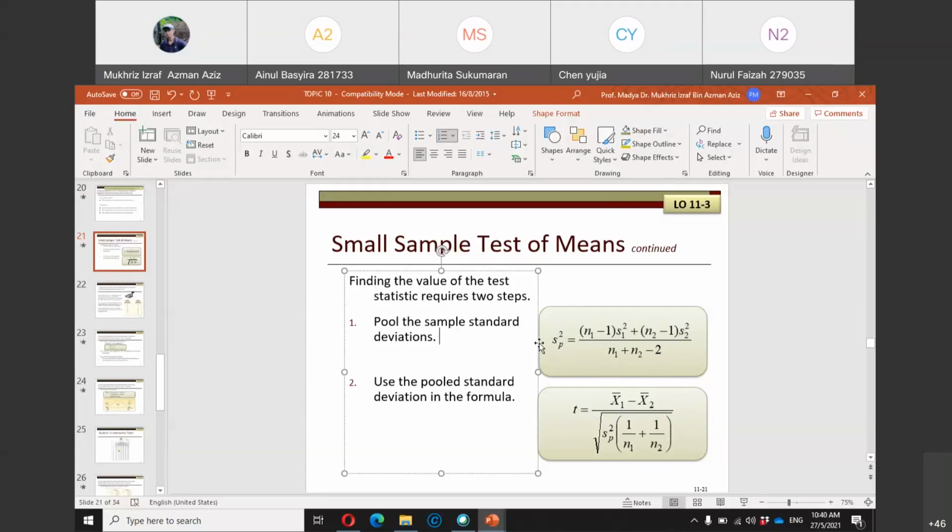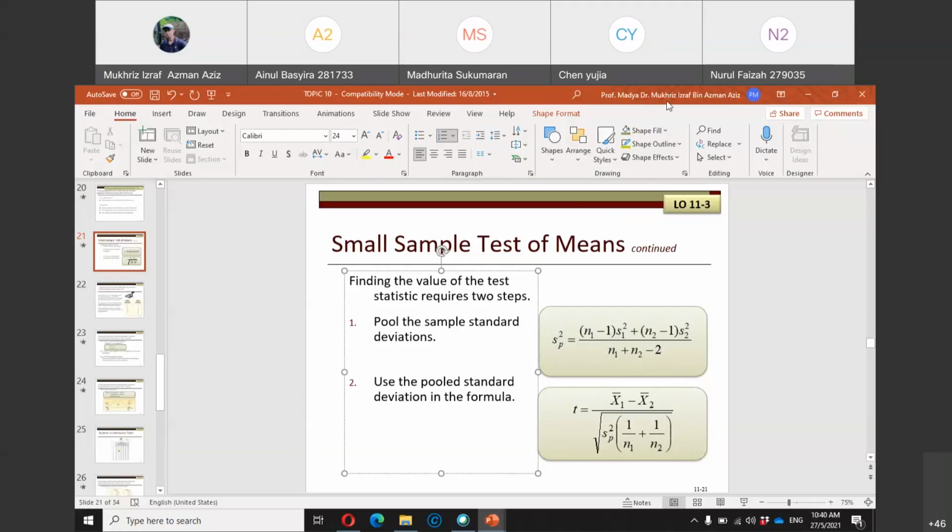Once you have calculated the S squared pool, plug it into the denominator: S squared P multiplied by the sum of 1 over N1 plus 1 over N2, and then you need to take the square root of that. Now, if you look at this part here, N1 plus N2 minus 2.